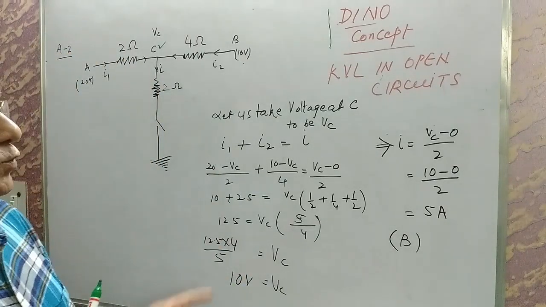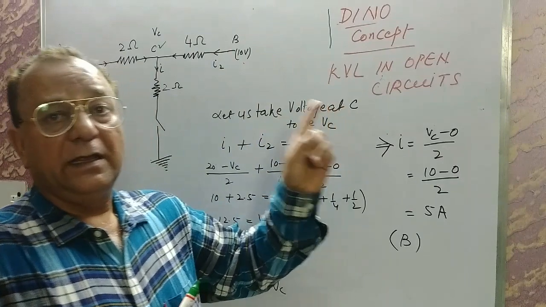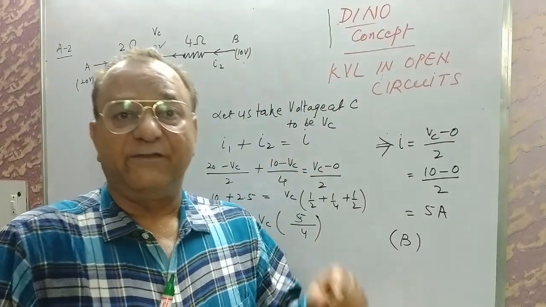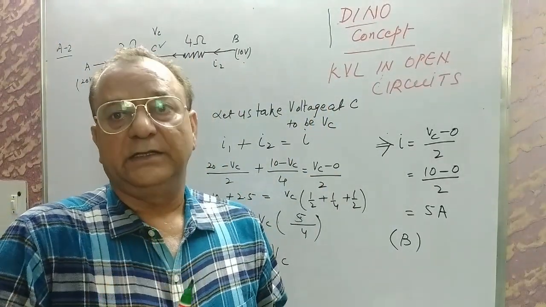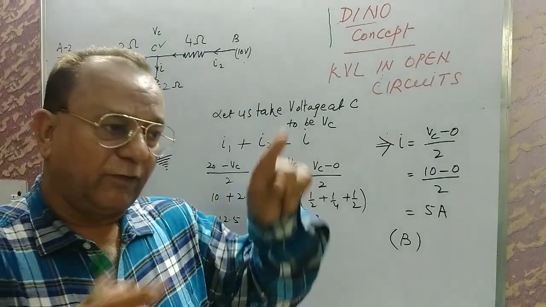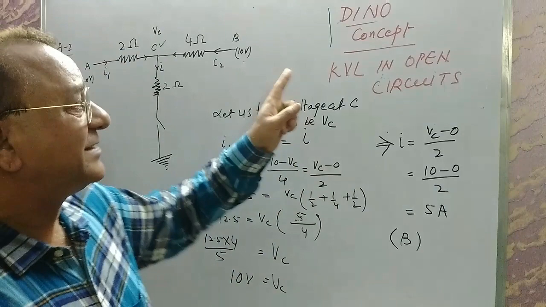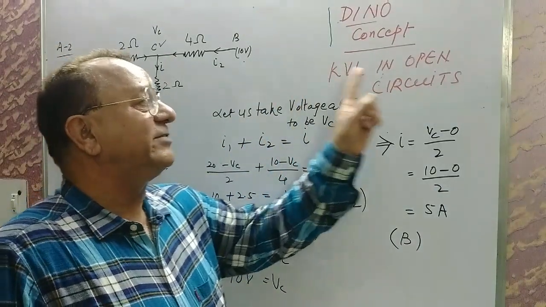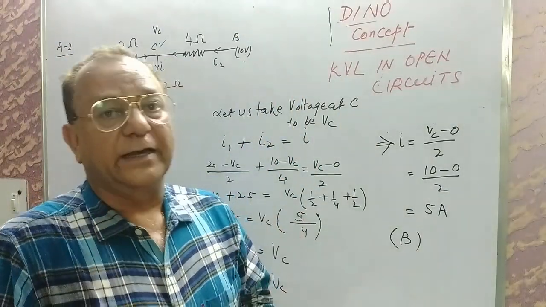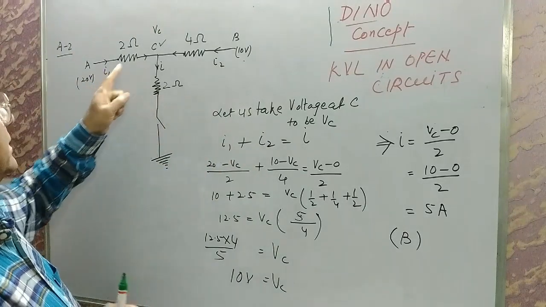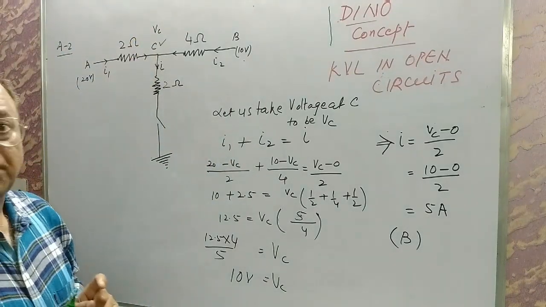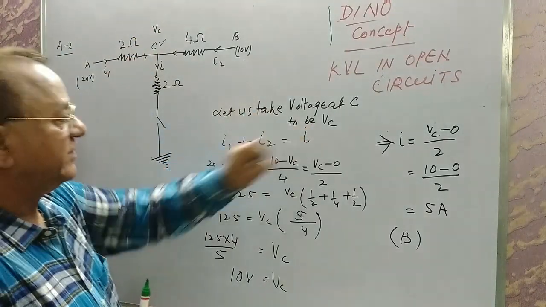Before I take answer number 2, I want to tell you clearly that so far you have applied KVL in closed circuits. That is, you have taken voltages for the whole circuit A, B, C, D, A equal to 0. But KVL is applicable for open circuits also. Like this, take the voltage at point C to be VC.